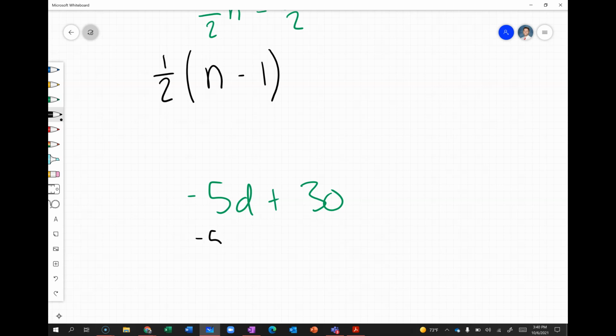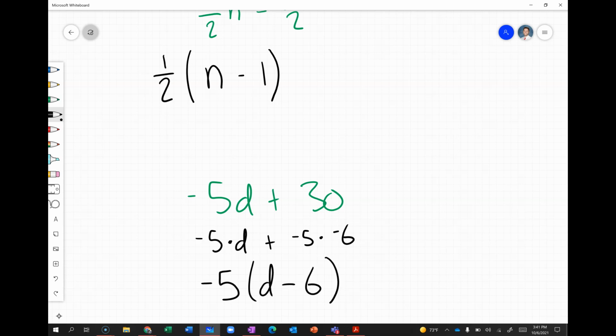Again, because you've got negative 5 times d equals negative 5d. And then you have negative 5 times negative 6 equals 30. So again, using that distributive property, we can write this as negative 5 times d plus negative 6, or d minus 6.